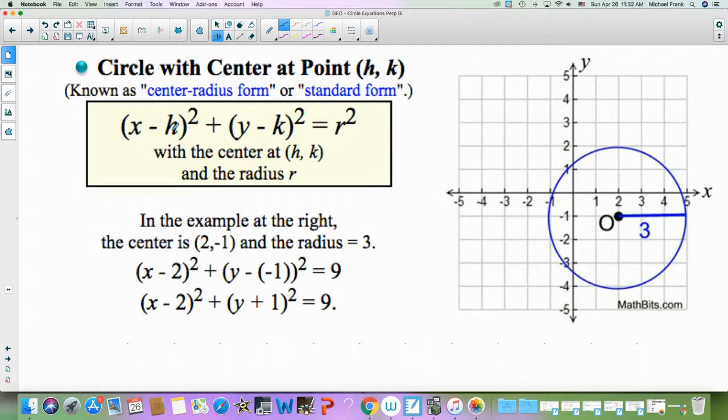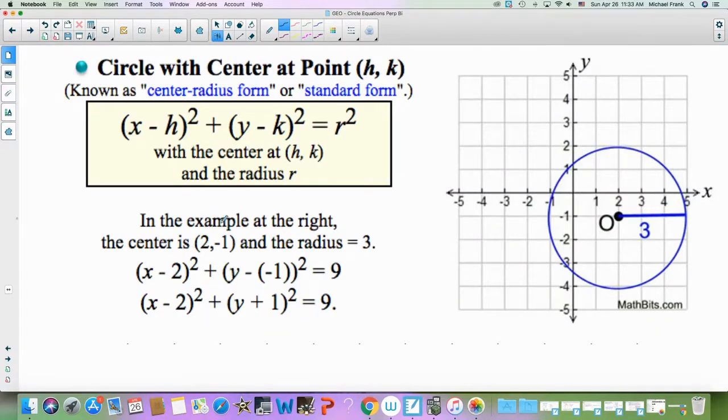So another way to think about this form is that when you look at the equation, the value for x of the center of your circle will be the opposite of what you see in that parentheses, because it's the opposite of your h. Negative h means the opposite sign, and negative k means the opposite sign of your y.